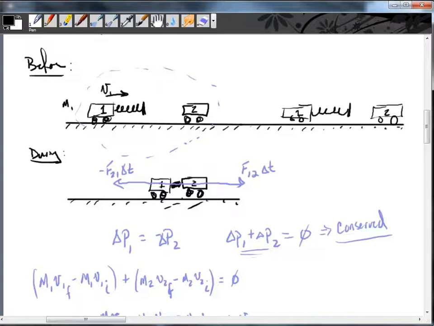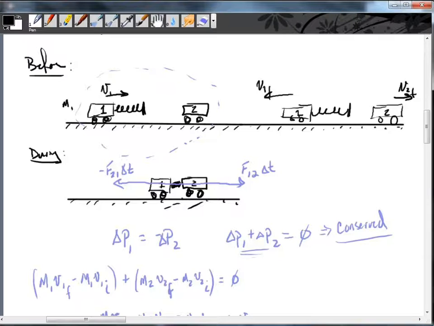So when 1 collides with 2, we've talked about impulse, right? Delta P is our impulse. This has all the momentum right now. This has 0. When they collide, this is going to walk away with some momentum. 2 is going to have some momentum. Here's the after. It's going to have V2 final going away. 1 is going to have V1 final going the other direction.